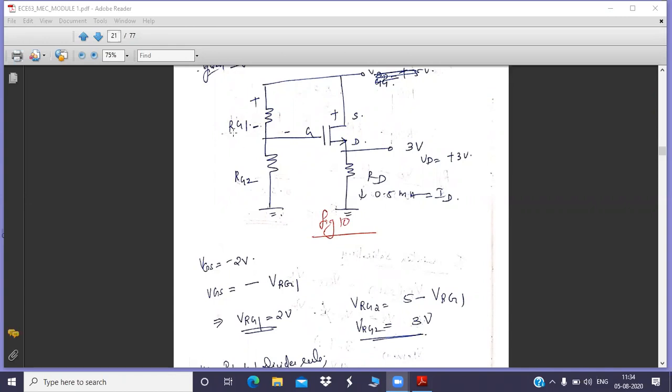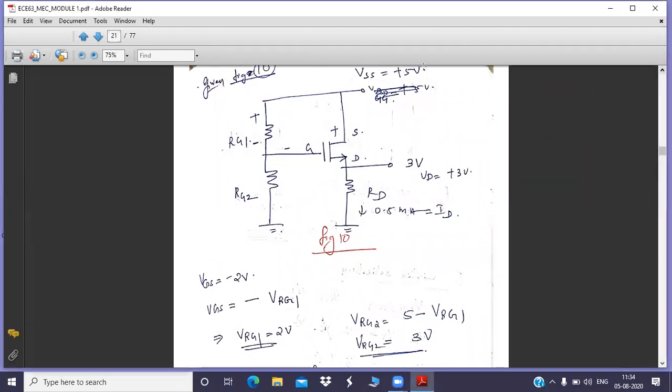Now, if VRG1 is equal to 2 volt, what will be the voltage across RG2? You have the total voltage here in the figure. It is a plus 5 volt supply, isn't it? Out of this plus 5 volt supply, you got 2 volt across RG1. Why is 2 volt across RG1?